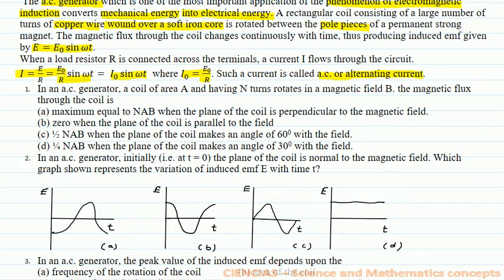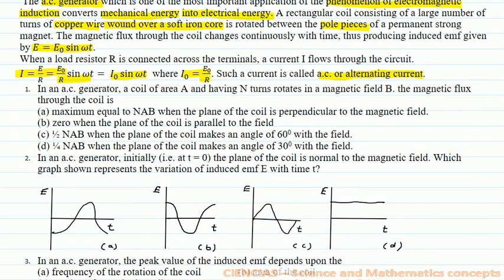So now question number 1 is: in an AC generator, a coil of area A having N number of turns rotates in a magnetic field B. The magnetic flux through the coil is: Option A, maximum equal to NAB when the plane of the coil is perpendicular to the magnetic field.